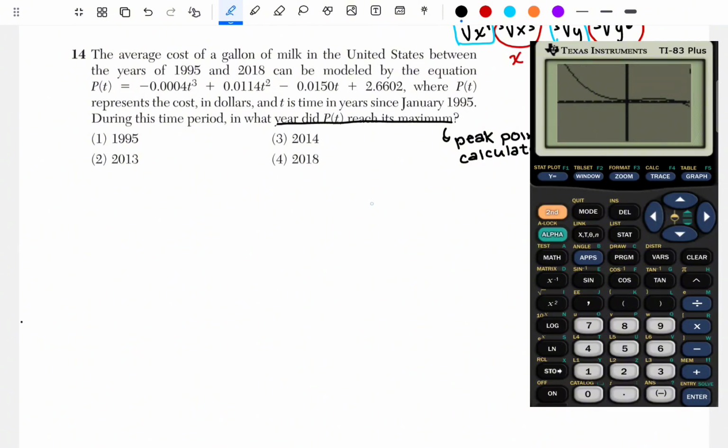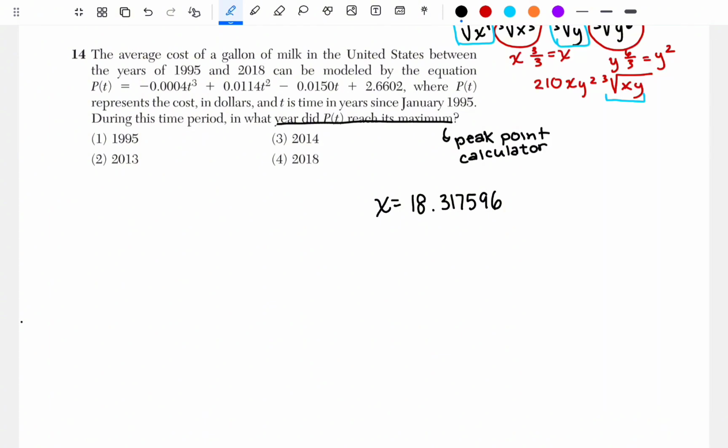And then you're going to estimate and guess where it is. You're going to click enter, and it's going to give you that your maximum is at x equals 18.317596. Okay? So that is x.